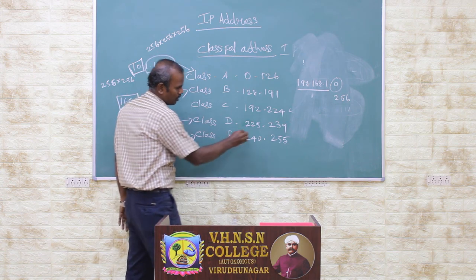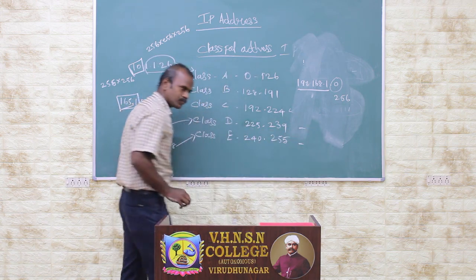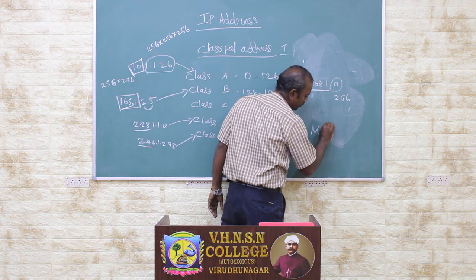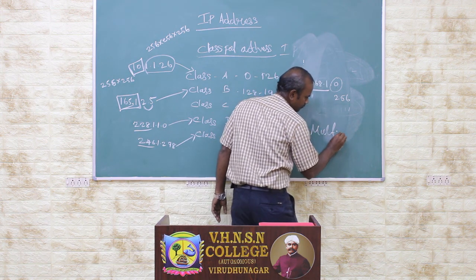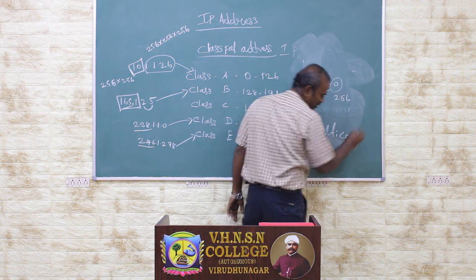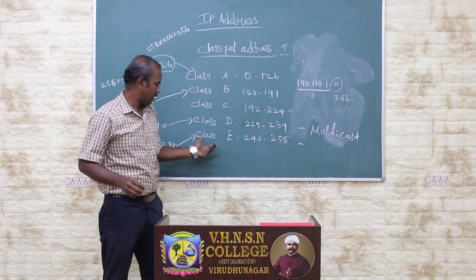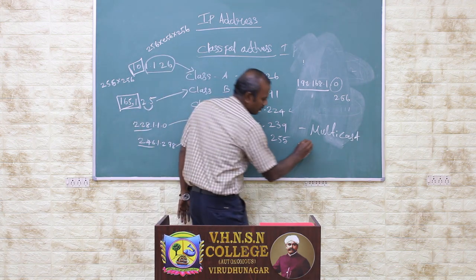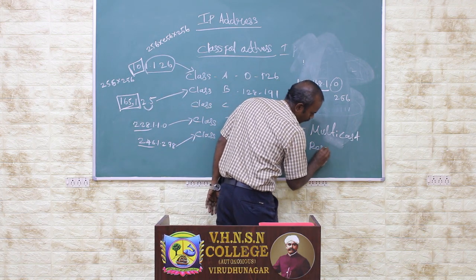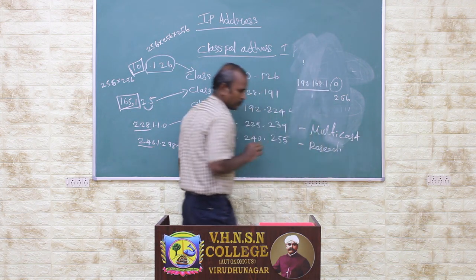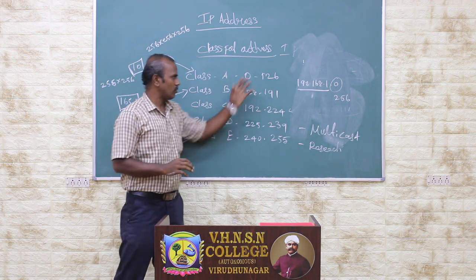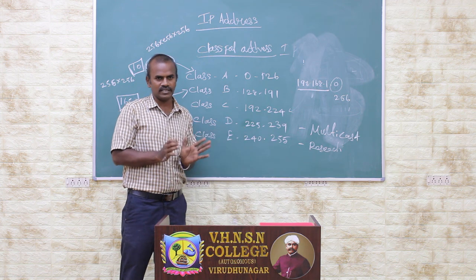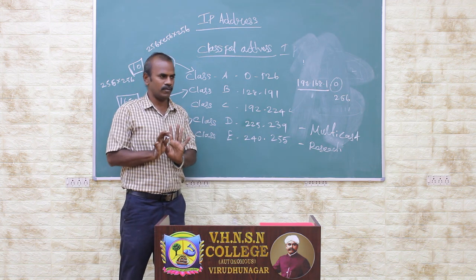What about class D and class E? Class D is a multicast address. And class E is purely for research purpose. So in a real-time scenario, I can use class A, class B, and class C only.